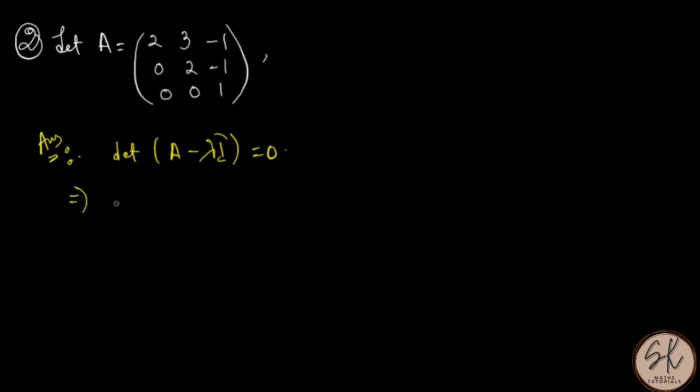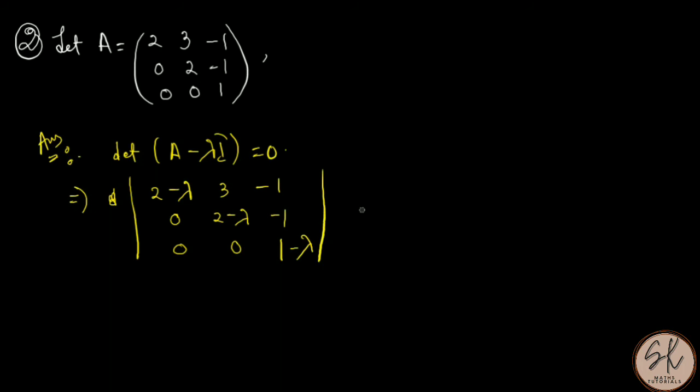This implies the determinant of the matrix with rows 2 minus lambda, 3, minus 1; 0, 2 minus lambda, minus 1; 0, 0, 1 minus lambda equals 0. I am considering this row, because for finding the determinant you can consider any row or column, and it is easier with this row.